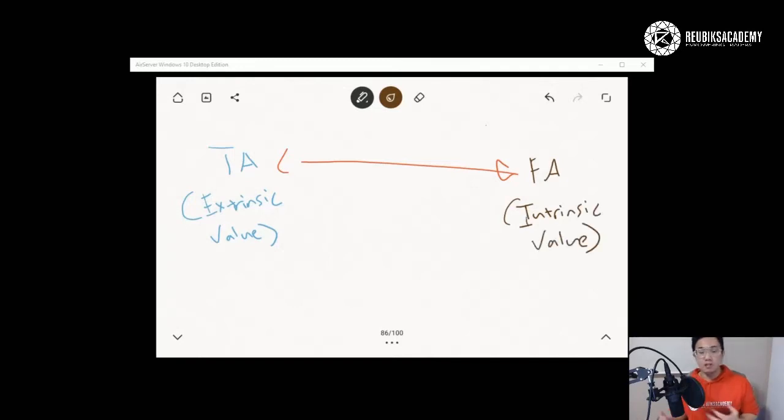There is always a gap between TA and FA because there is always a gap between what the market thinks the price of a stock should be versus what the price of a stock should really be.